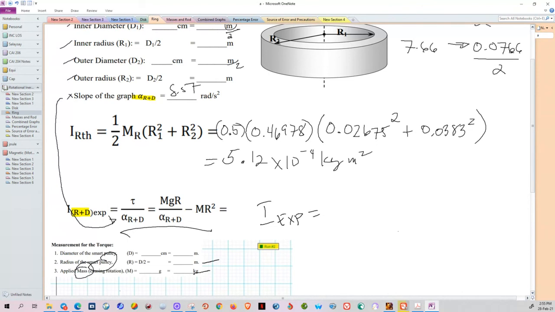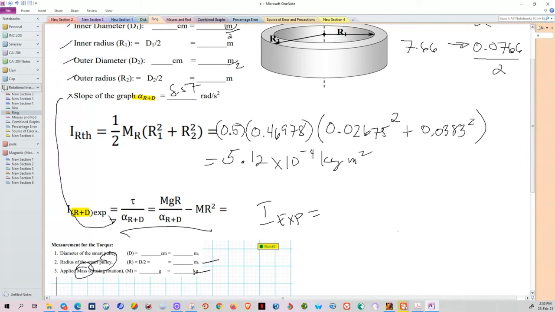Why is it supposed to be in the minus? Why do you say that, Muhammad? Just substitute your values and find the inertia by experiment. Go ahead.